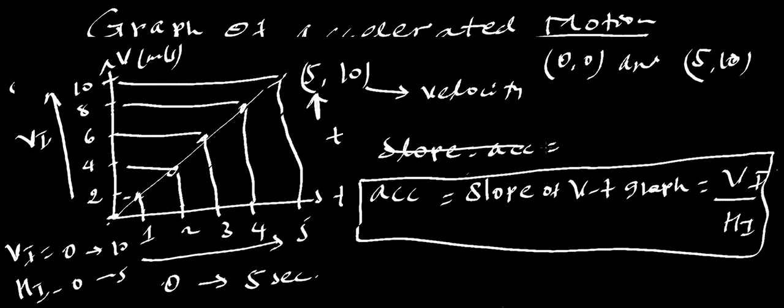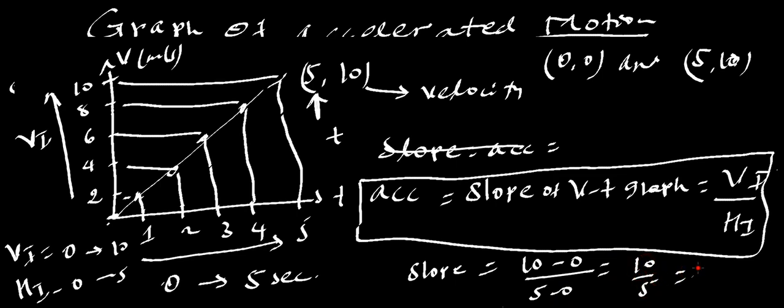So slope is equal to 10 over 5, which is 2 meter per second square.